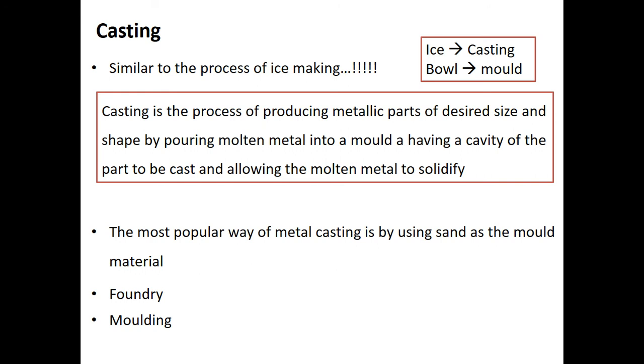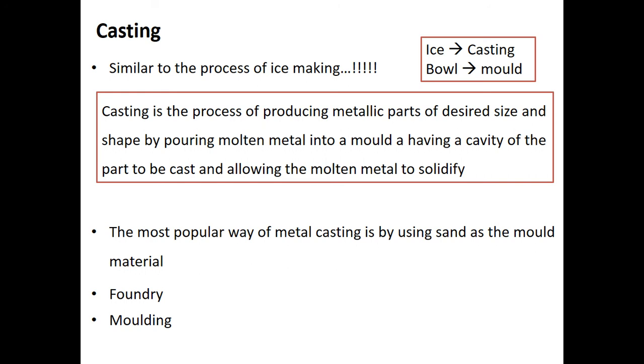Casting is similar to the process of ice making, which means if we keep some water in a bowl and allow it to freeze, we will get a piece of ice as per the shape and size of the bowl, right? The piece of ice can be called the casting, and the bowl can be called the mold.